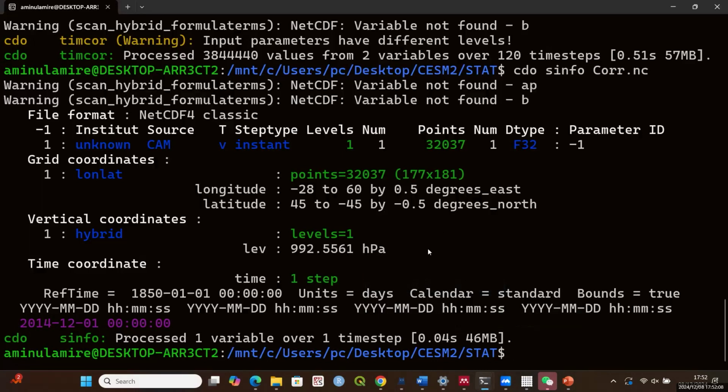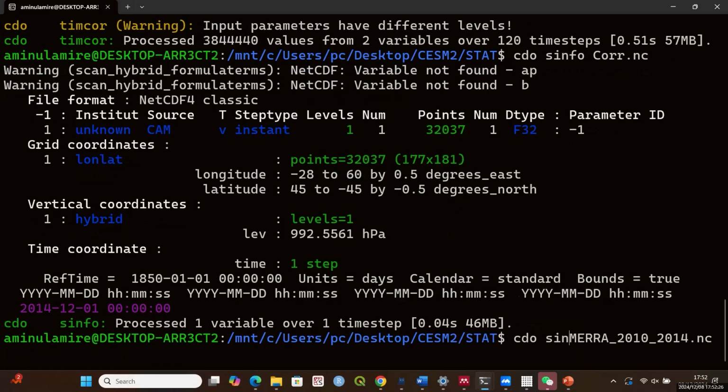Let me try one of the data like the mailer CDO. Let's first check its information.